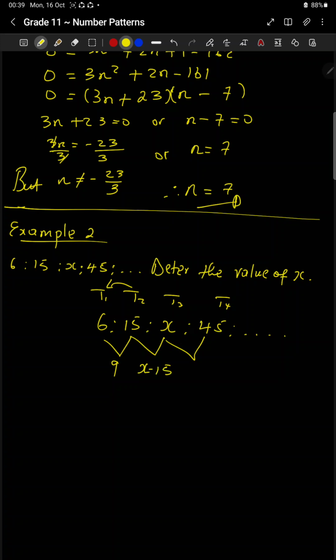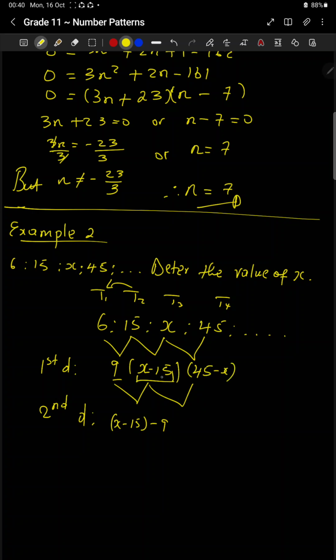Then 45 minus x must be 45 minus x, and then we continue. Remember, this is a quadratic, so we've got the first difference, and now we're looking for the second difference. So we've got this portion, x minus 15 minus 9, and then another one is going to be this portion minus this one.